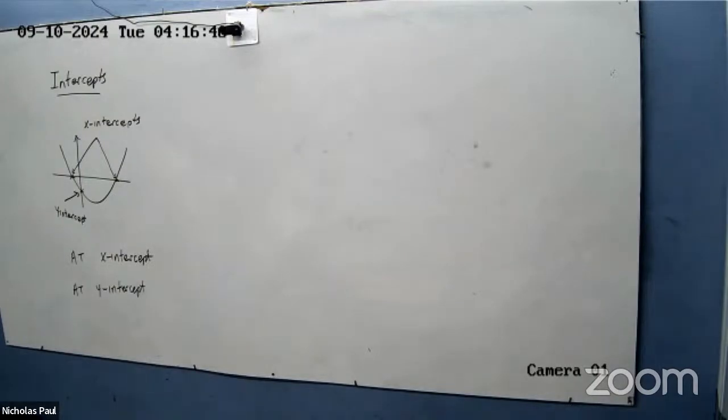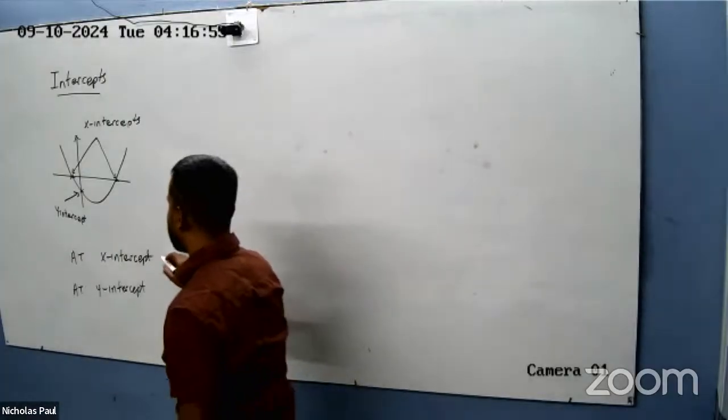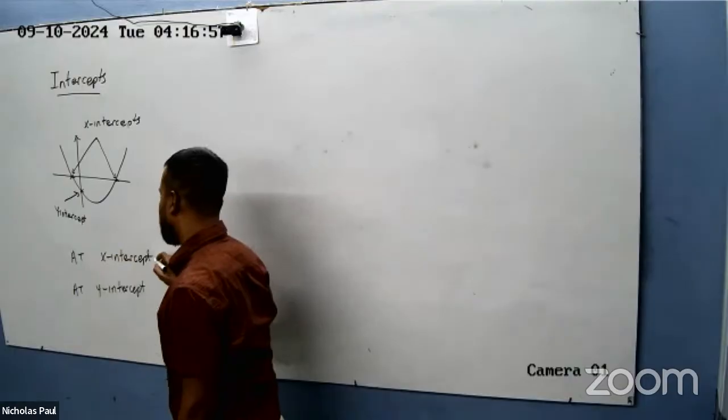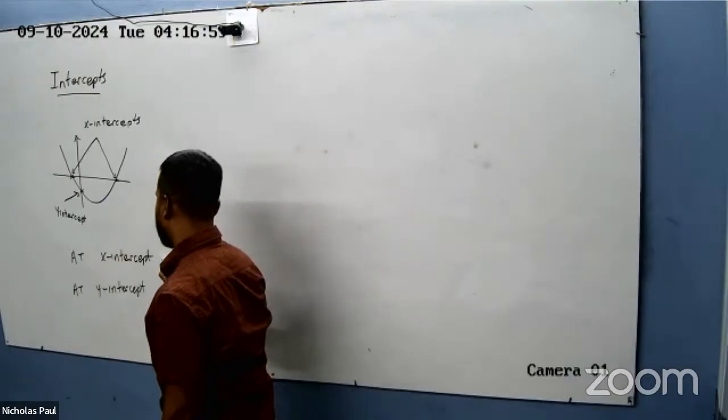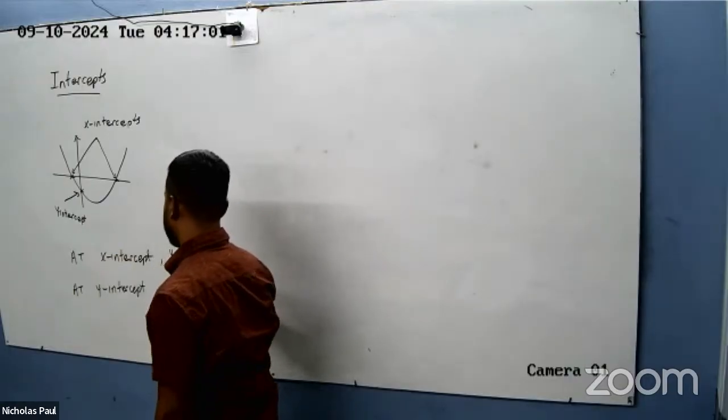Something happens at the x-intercept all the time. Any guess? Very good. Right? So at the x-intercept, y is 0.